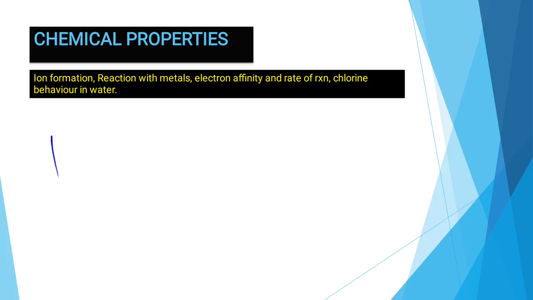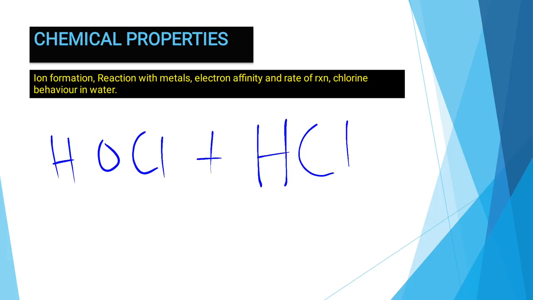It gives us HOCl, that is chloric 1 acid, or hypochlorous acid, plus hydrochloric acid. The chloric 1 acid is the one that has the bleaching effect, and it bleaches through oxidation, through giving out this oxygen.